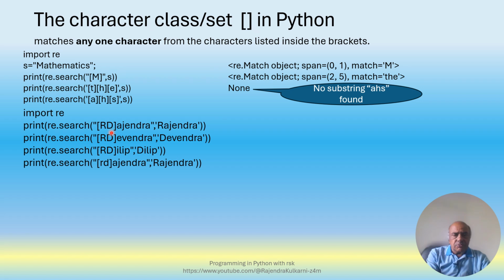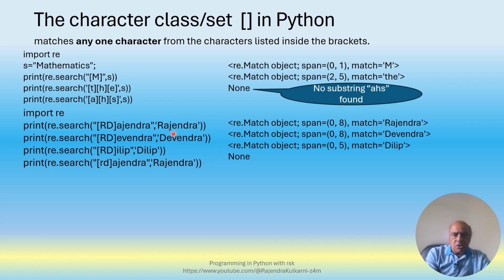As we can infer from the search criteria, RD and AJE and DRA will give us Rajendra as the output. RD and EV and DRA will give us Devendra as the output. RD and ILIP gives us Dilip as the output.